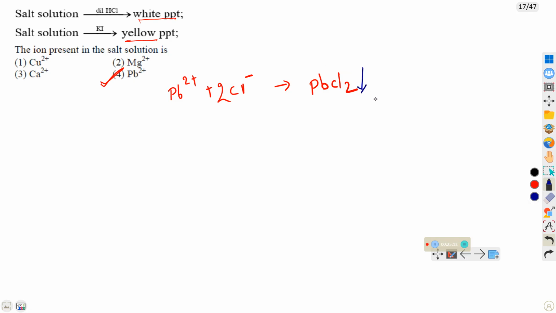PbCl2 is a white color precipitate. Pb2+ reacts with I minus, then it gives PbI2 precipitate. It is a yellow color precipitate.